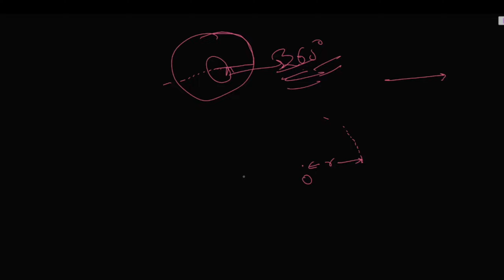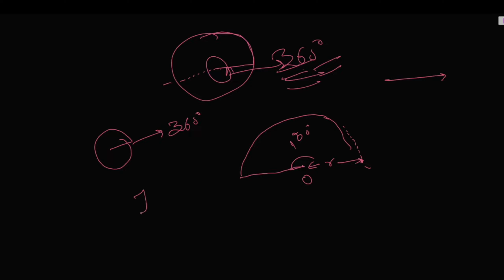I will reach the opposite side, diametrically opposite from where I started. So this will be like a semicircle, right? I started from here, and this angle would be how much? 180 degrees.